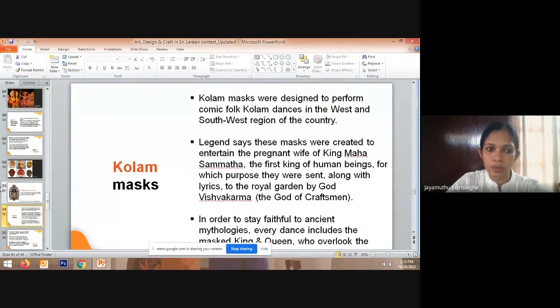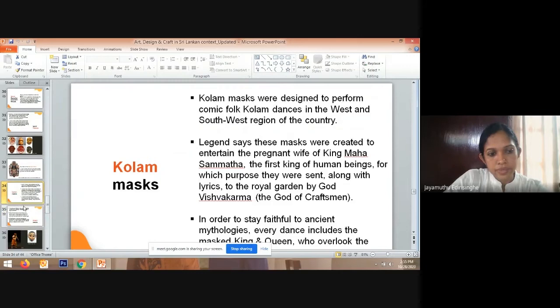In all of the Kolam performances, we usually keep the king and queen's masks throughout the performance, just to depict the ancient legend or mythology we have about King Mahasammata and his wife. That's why we have even a king and queen's mask.